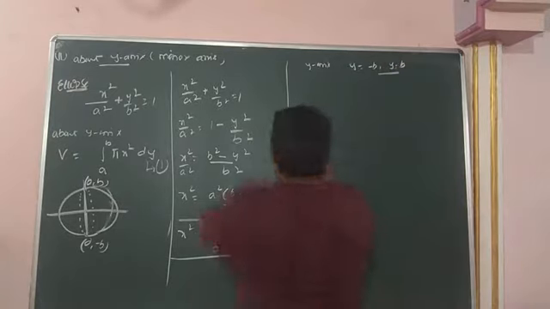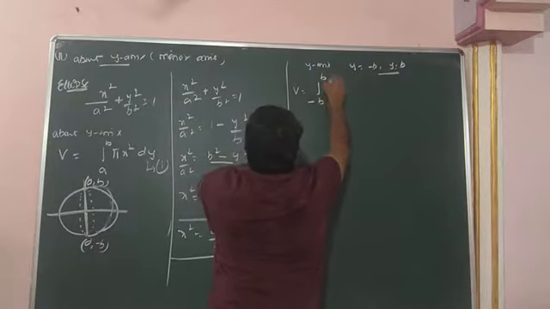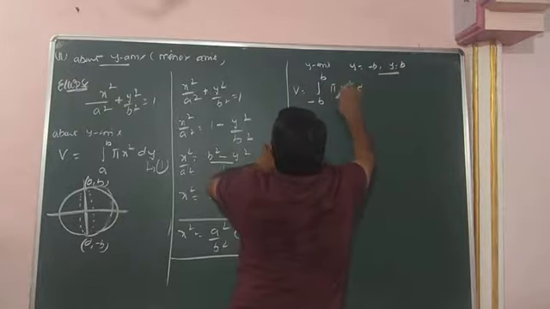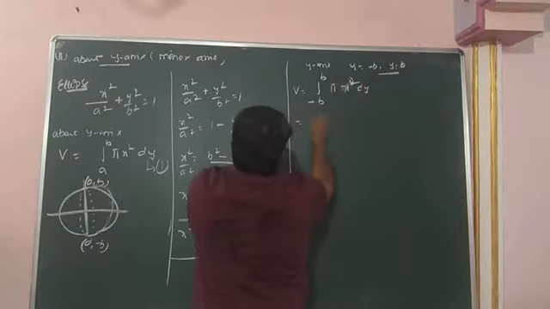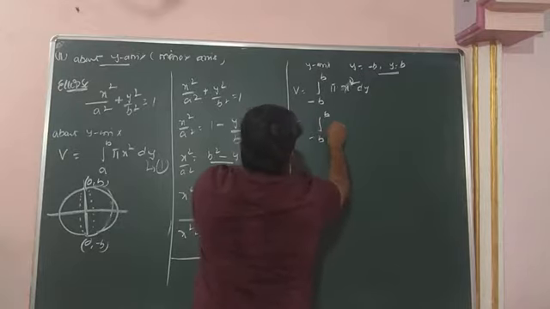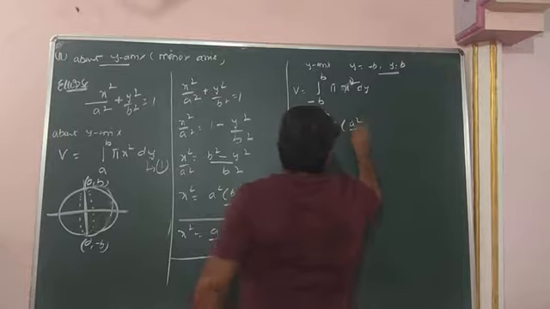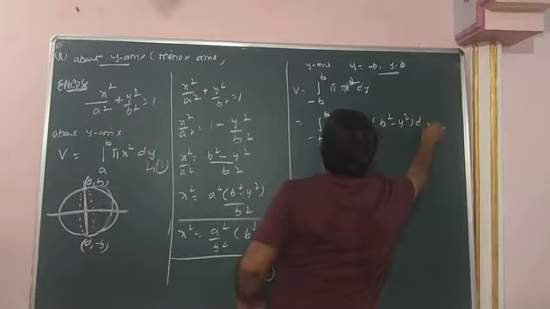Therefore the volume is equal to, what is the formula? The integral from minus b to b of pi x square into dy. So we get the integral from minus b to b of pi x square, and what is that x square? a square by b square into b square minus y square into dy.